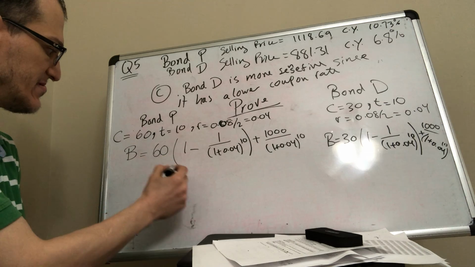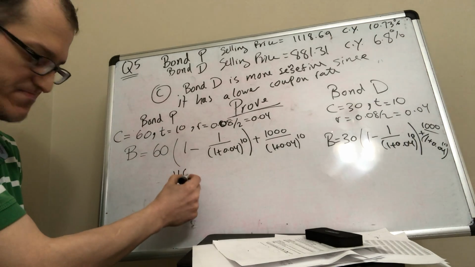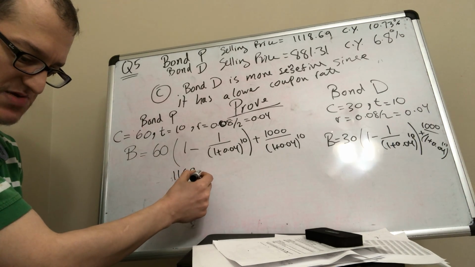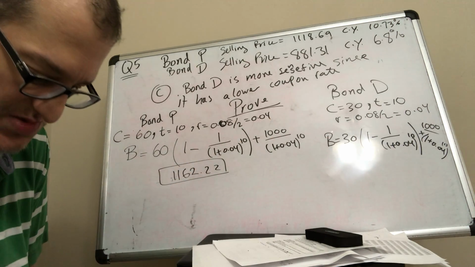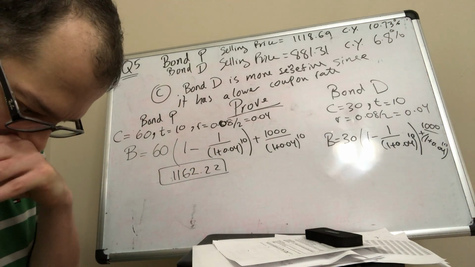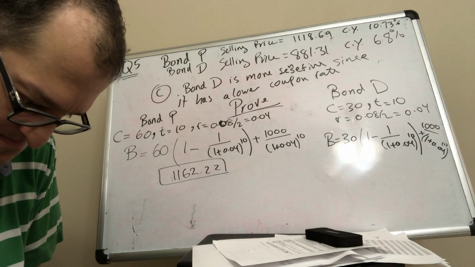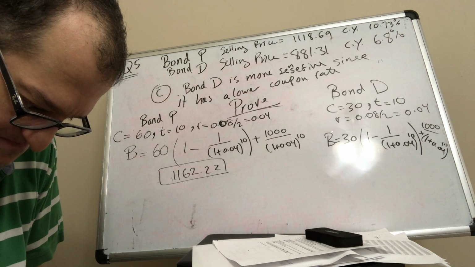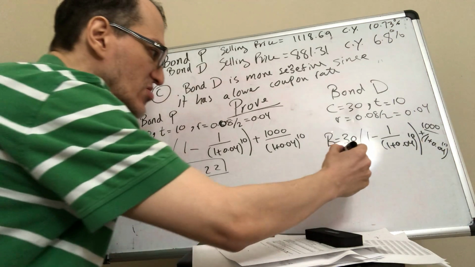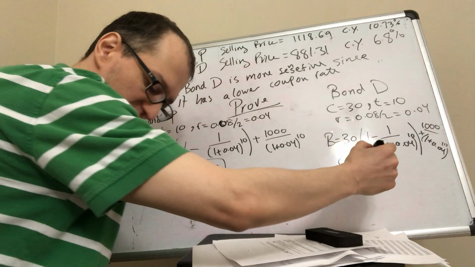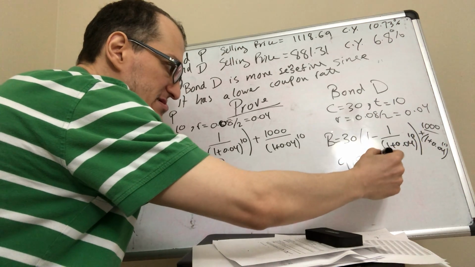Now, this one will go up and become 11.6222 cents. If you do it for the other one, it will go up to 918 and 89 cents.